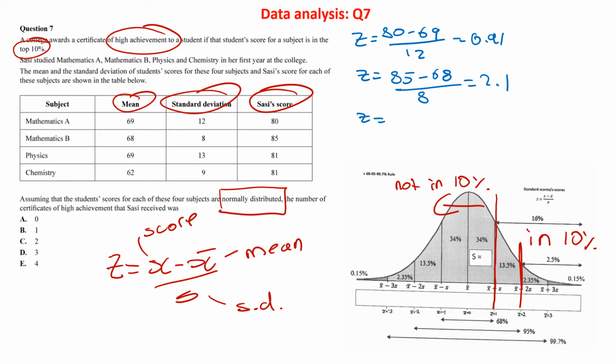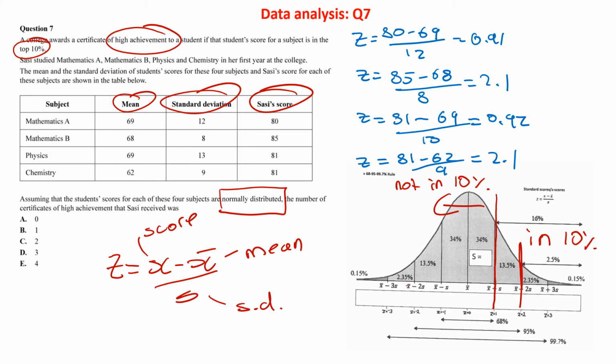The next one, for physics, is 81 minus 69 divided by 13, which gives me 0.92. And the last one, for chemistry, is 81 minus 62 divided by 9, which equals 2.1.